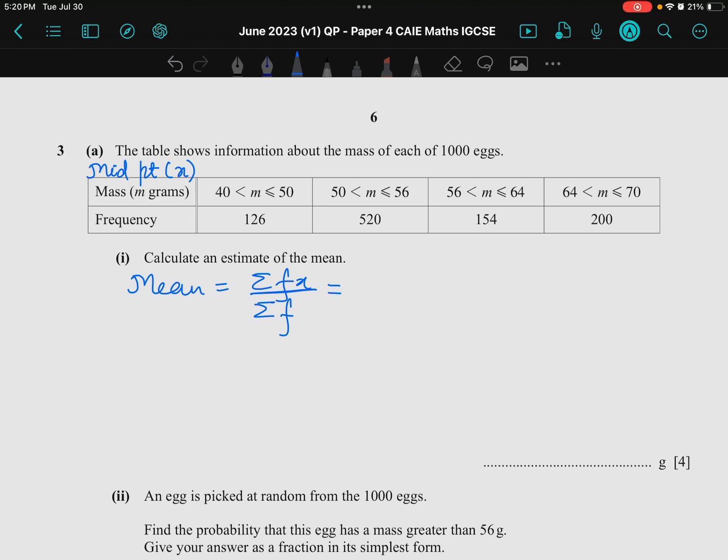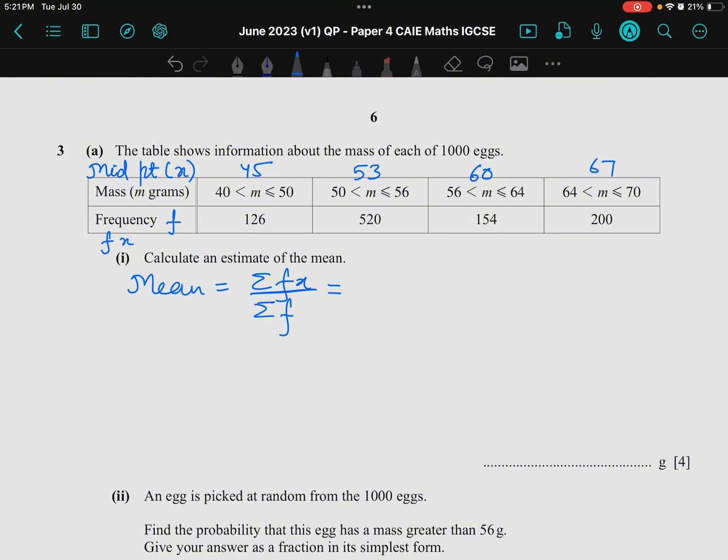40 plus 50 divided by 2, 45. 50 plus 56 divided by 2, 53. 56 plus 64 divided by 2, 60. 64 plus 70 divided by 2 gives you 67. This is f, and now here we will be finding fx.